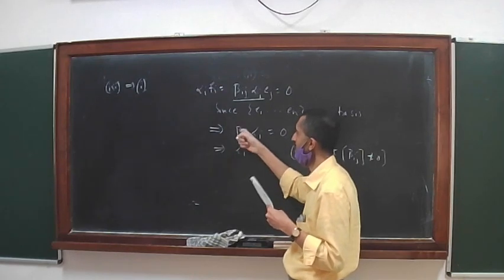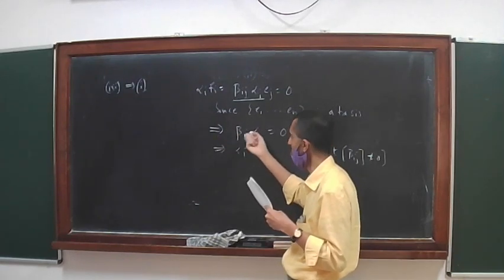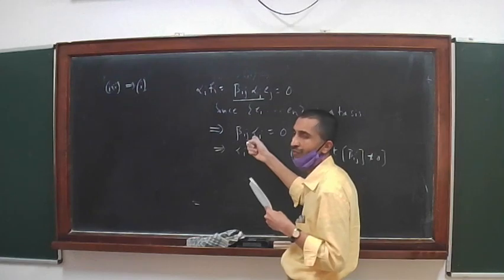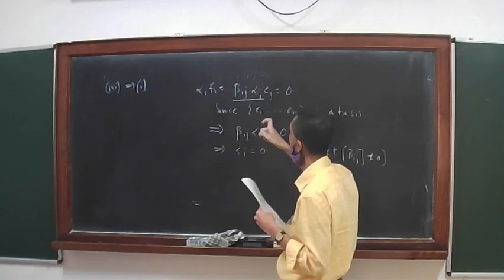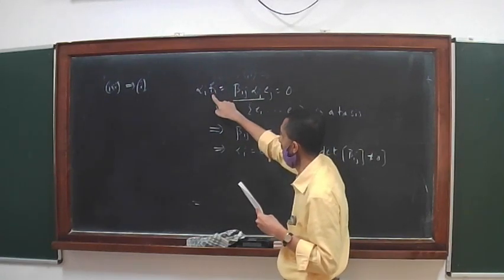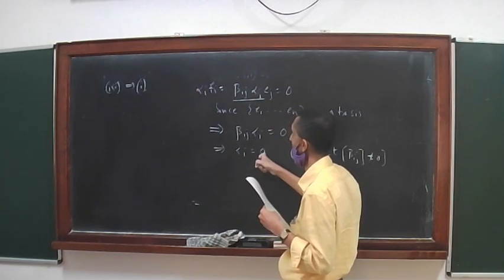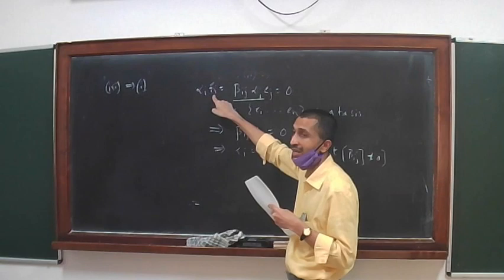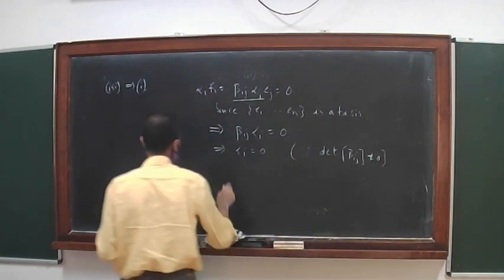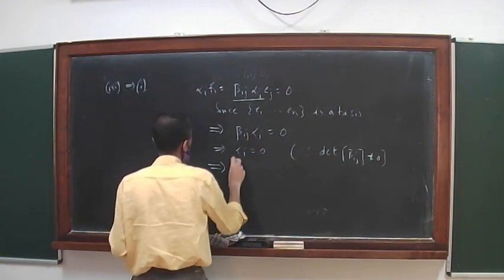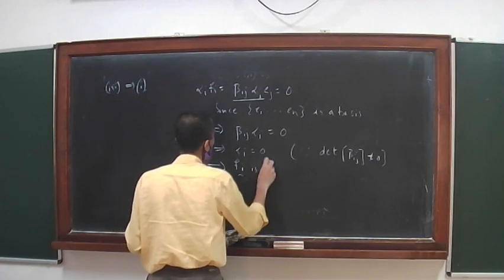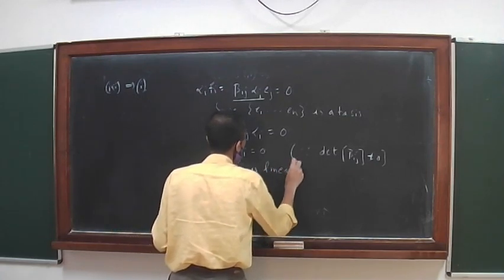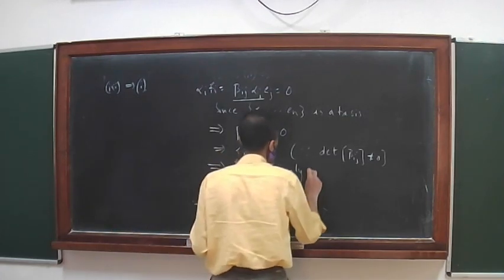You will get that alpha is equal to 0. So when we started out with this statement, it implies that alpha is equal to 0. That means your f_i has to be linearly independent.